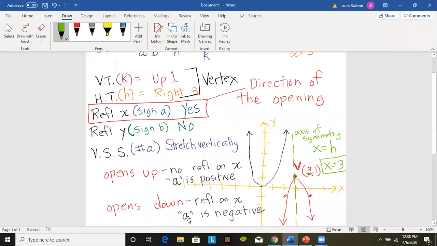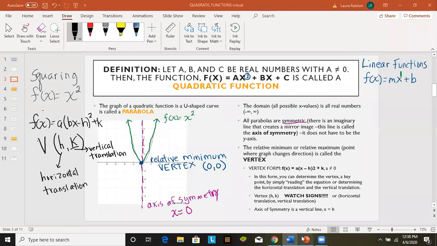Okay. All right, let me go back to the PowerPoint. So that's the vertex form. And guys, it would be great and awesome if our equations were given to us in that format all the time. But unfortunately, they're not.